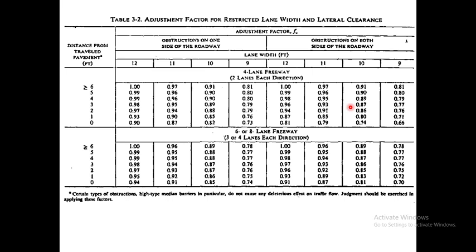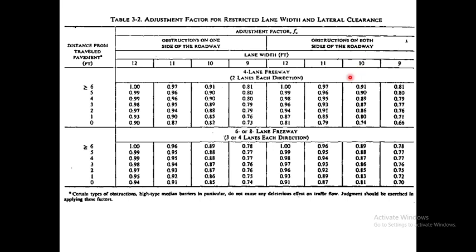When the lane width in the problem is less than 12, you have to understand that you need the FW. You need a factor to reduce the maximum service flow. This table you can easily find.